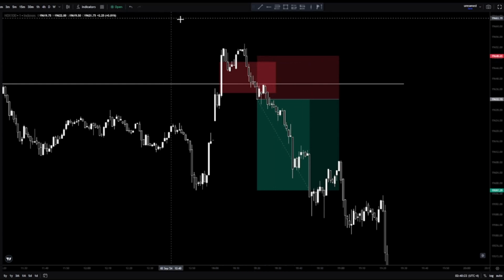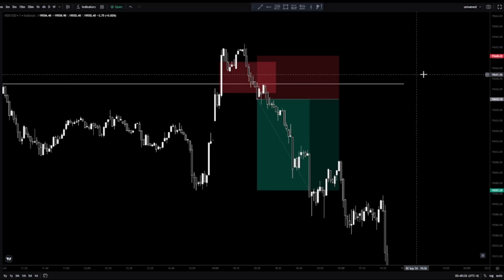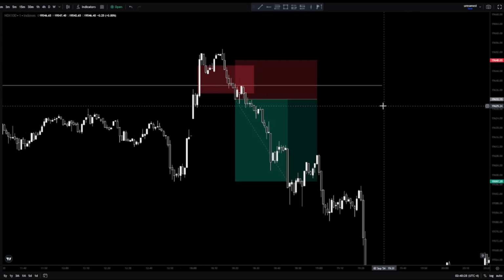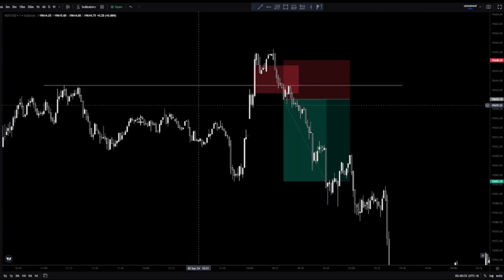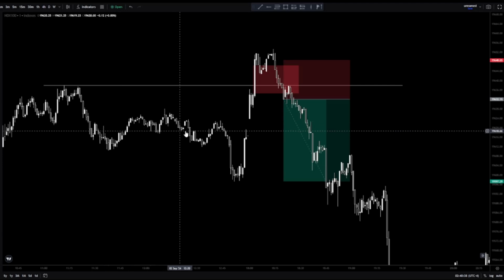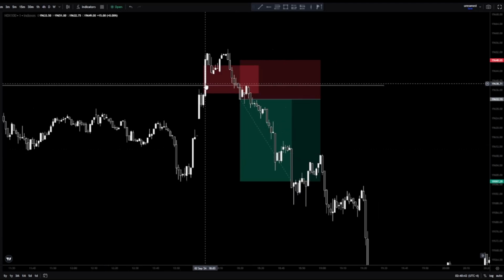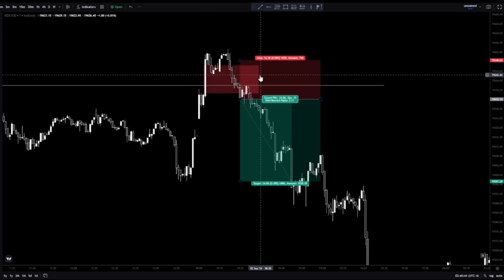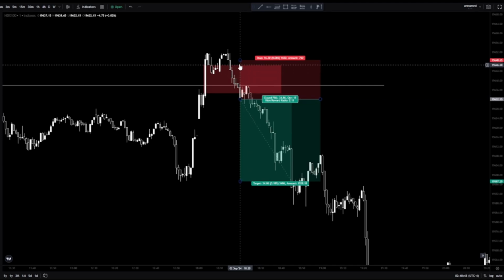That's what I like to see when I look for inverse fair value gaps. It should not be very big or too tiny. So this was just perfect in this price leg. You can also call it an abnormal FVG, because if you look here, everything is small, small. This is a big FVG. Same here. So we took this as an inverse and we broke through it right here, shorted.